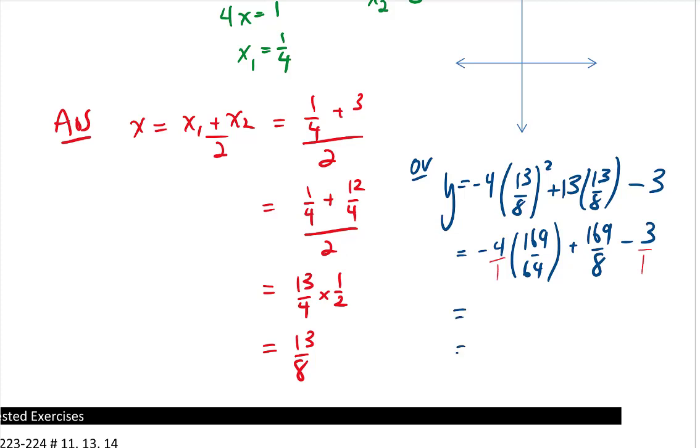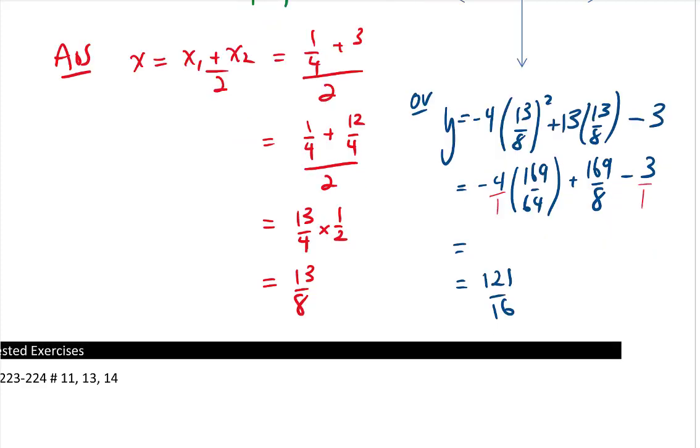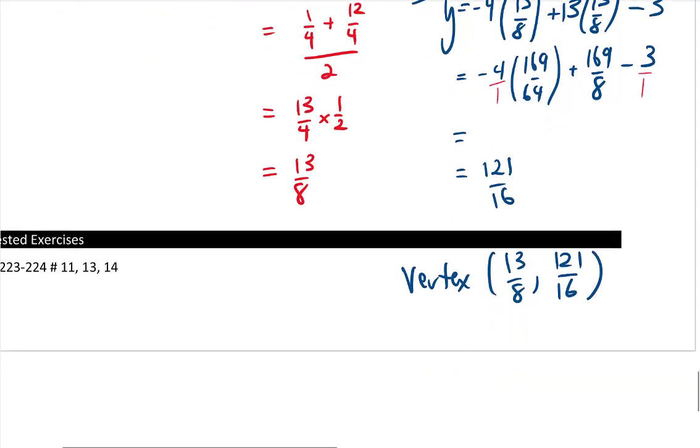If you keep working with your fractions, you'll end up getting 121 over 16. So our vertex is 13 over 8 and 121 over 16, which you could approximate or evaluate using a calculator. That would give us 1.625 and 7.5625.